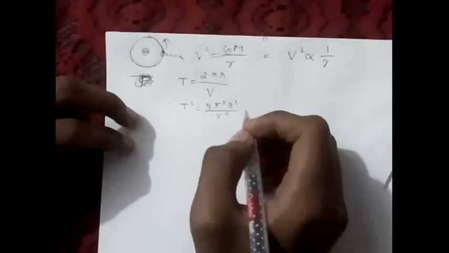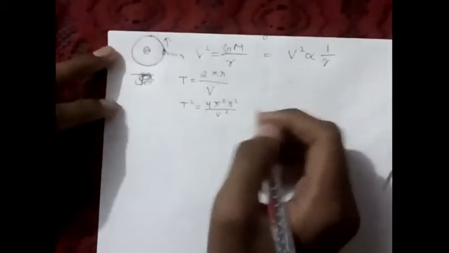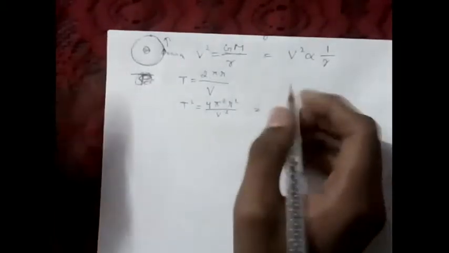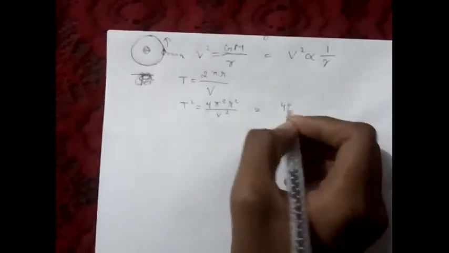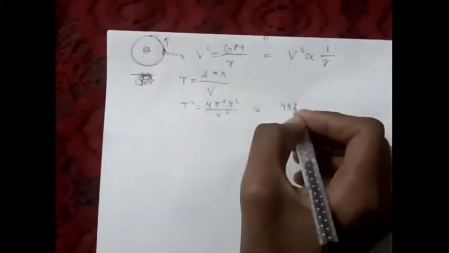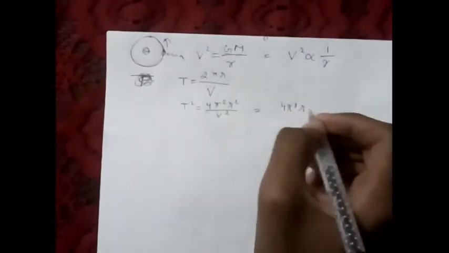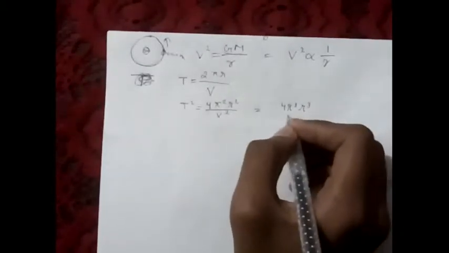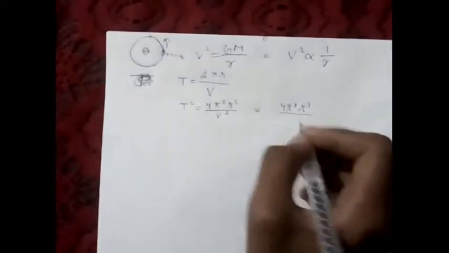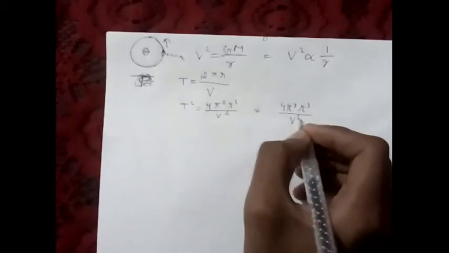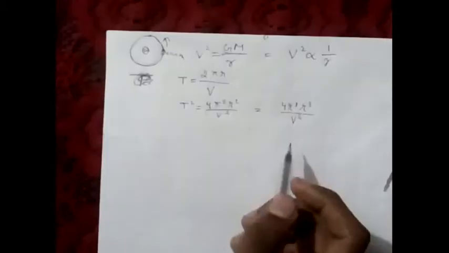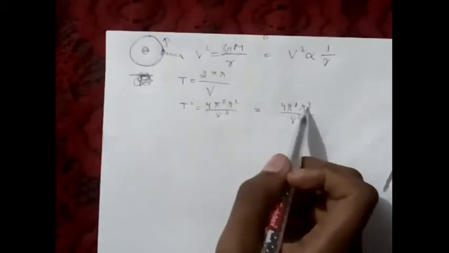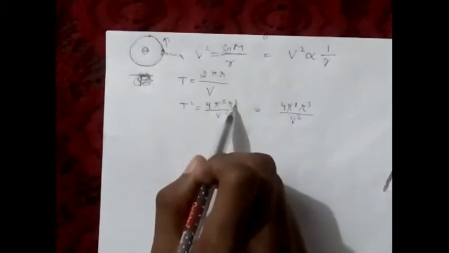If we substitute v squared, then we'll obtain 4 pi squared times r cubed, because it was over r, by GM. Okay, hope you understand why it became r cubed, why it does not remain r squared.